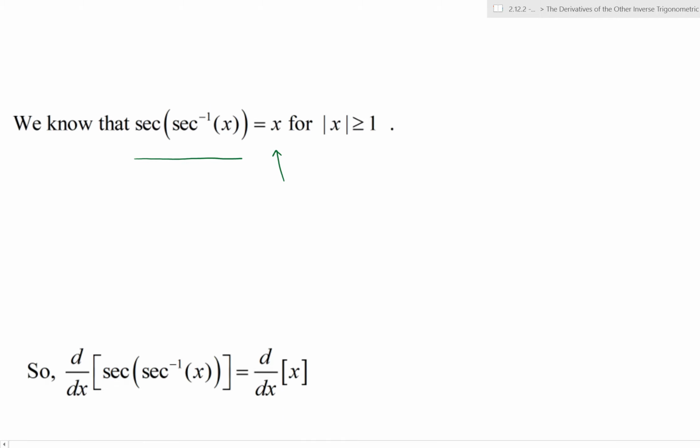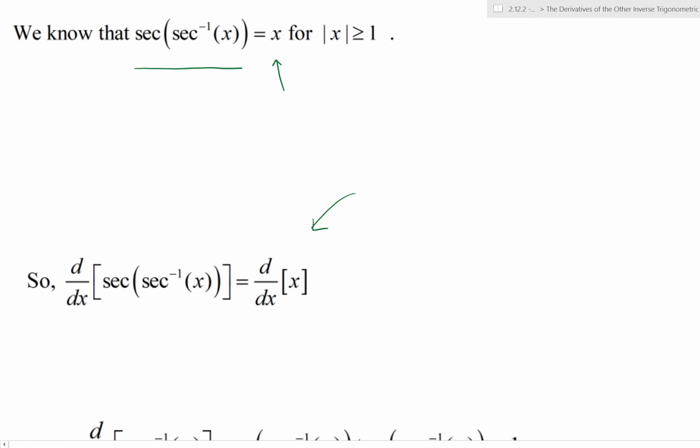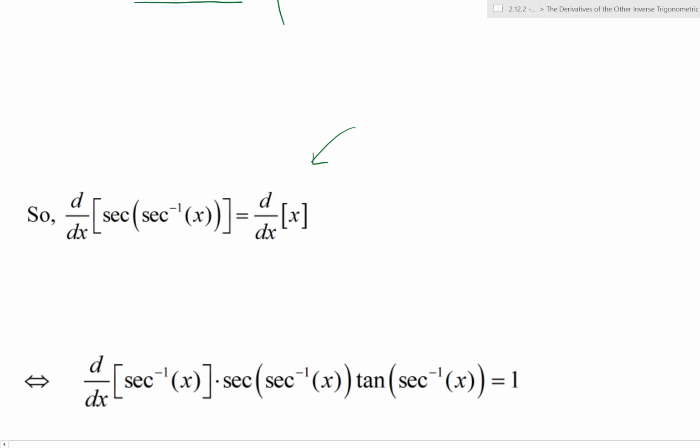From that equation, we can differentiate both sides with respect to x. Applying the chain rule, on the left side we get the derivative of the inner function, which is the derivative with respect to x of the secant inverse of x. We don't know what that is, so that's just what it is.